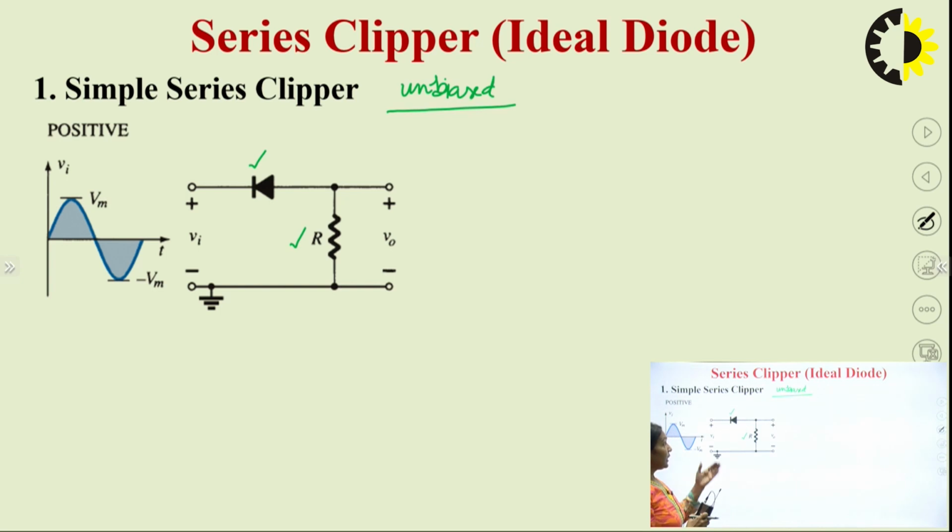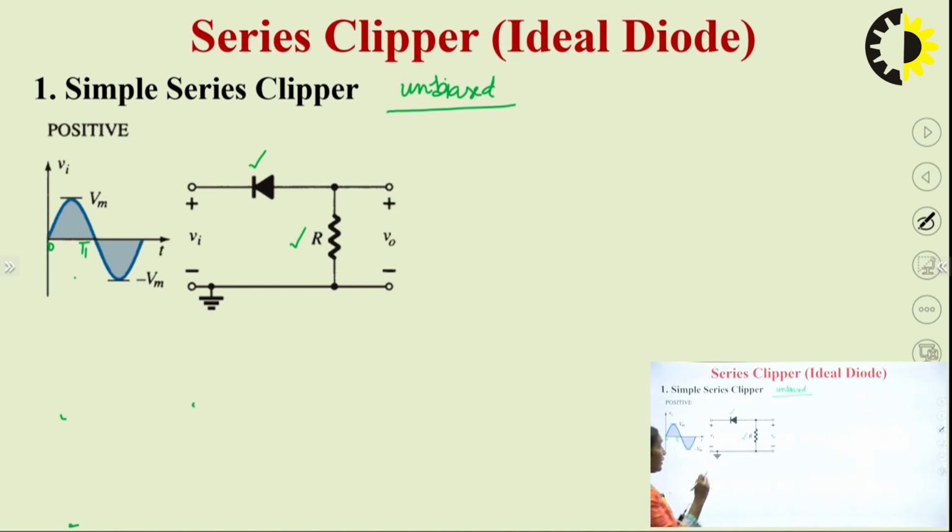Also, this is a series clipper because the diode is connected in series with the load resistance. So, this is the input signal. Let us start the analysis of this circuit. This is the input signal which we are applying at the input of the circuit, and during the positive half cycle, that means the 0 to T1 time period.